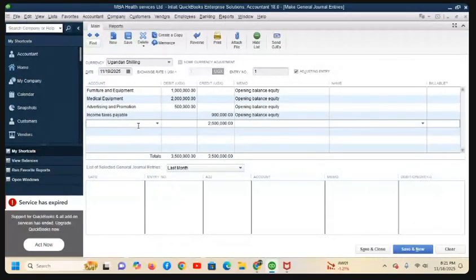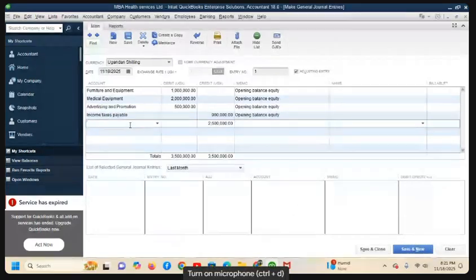Then remember liabilities have a normal credit balance. That's why this figure will always go to the side which has the lowest total, because remember when I'm using a journal entry, the total debit is supposed to equal the total credit. Then for example, I could have capital, like the inventory items I'm going to show you how to do.